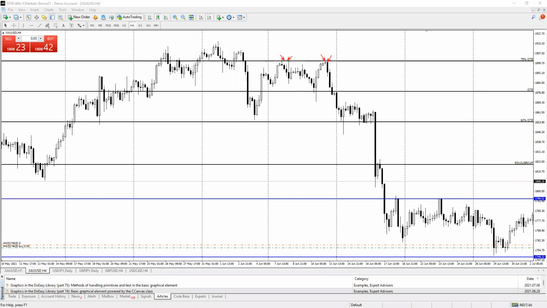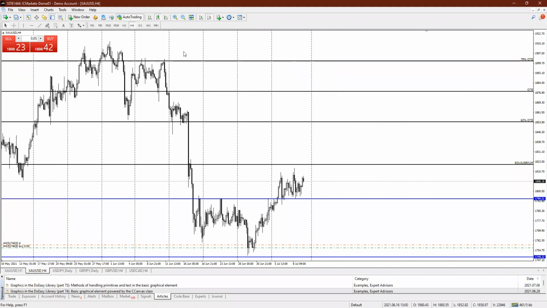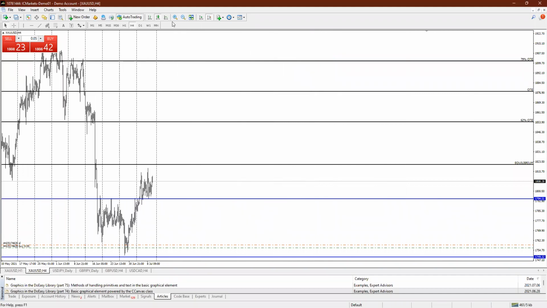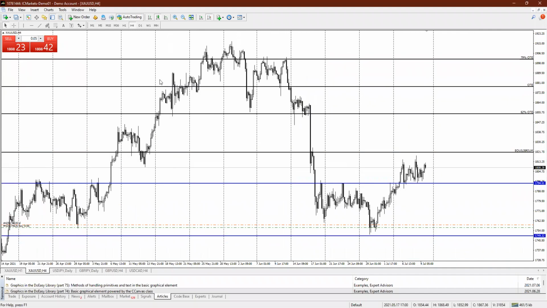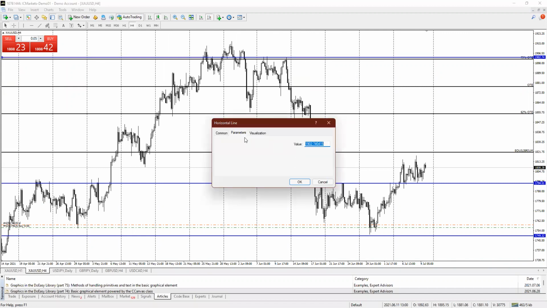Your stop loss is going to be, sorry, one second. When you enter your sell here, mark it with a different color.